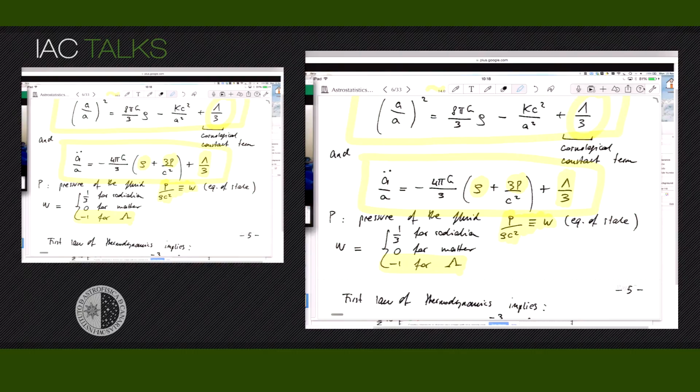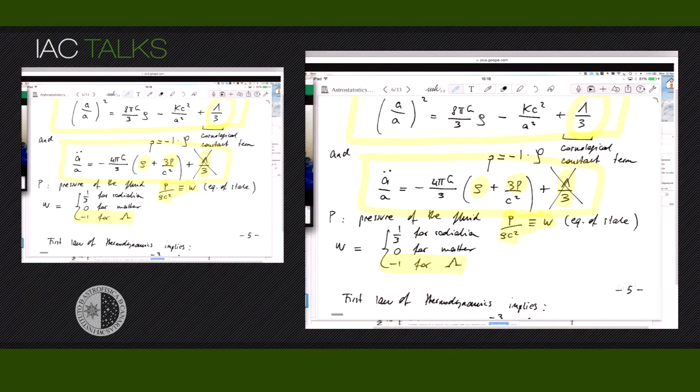Let's forget this term here for a second, and let's say that we have rho, which is given by lambda, and p, which is also given by lambda. So the entire universe is made by a cosmological constant, and so p is equal to minus 1 times rho.